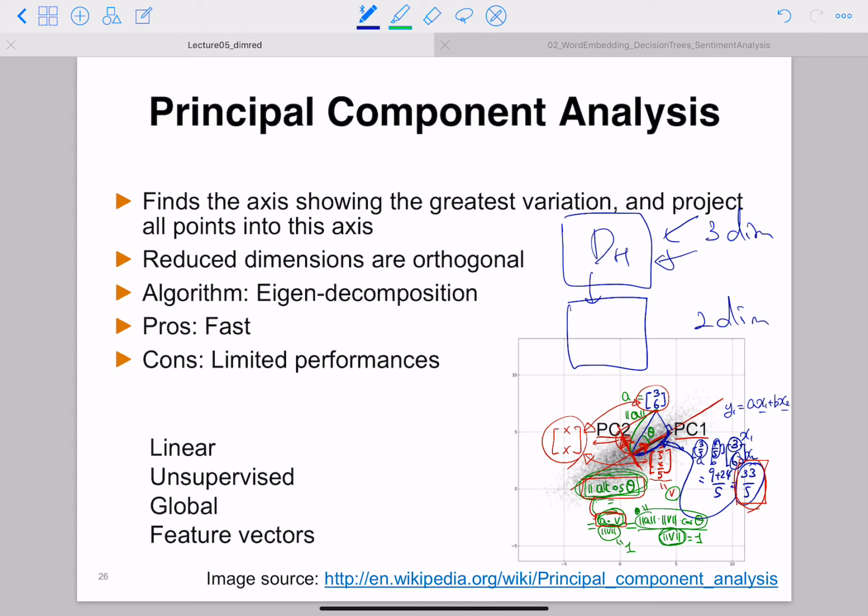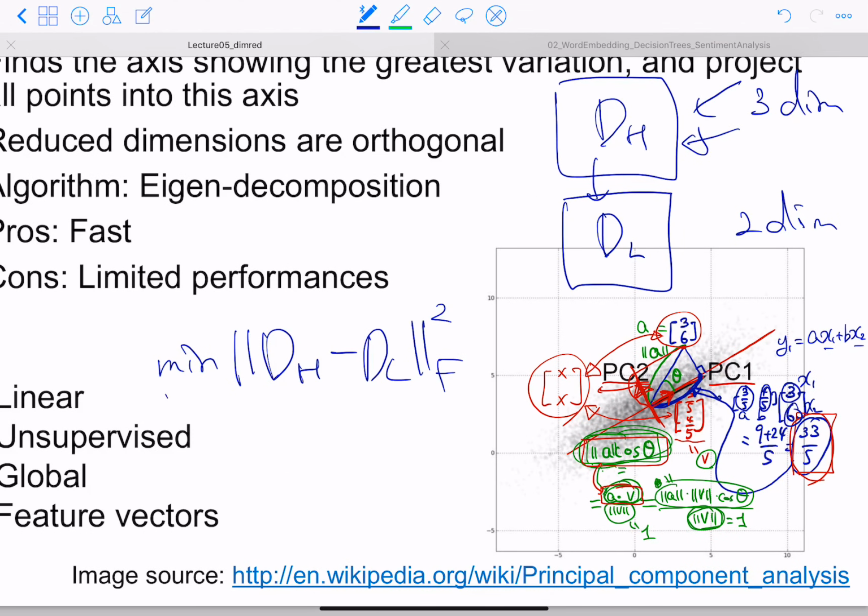So if we follow this kind of constraint, then dH minus dL, with the Frobenius norm, we want to minimize it. Suppose two of our axes are W1 and W2, which are unit vectors and orthogonal to each other.